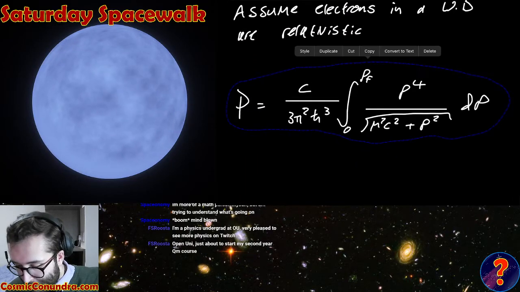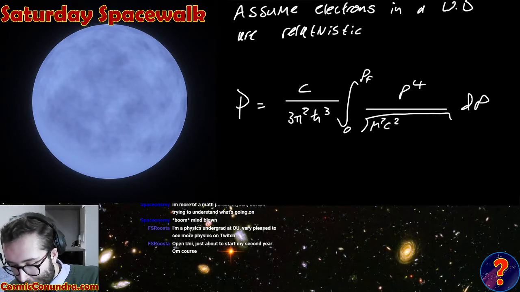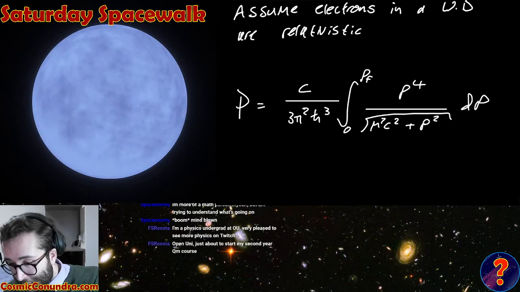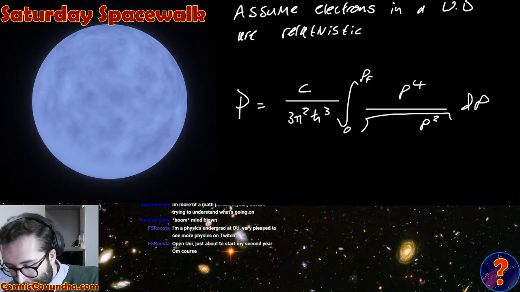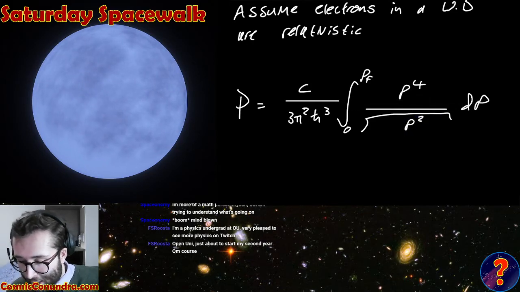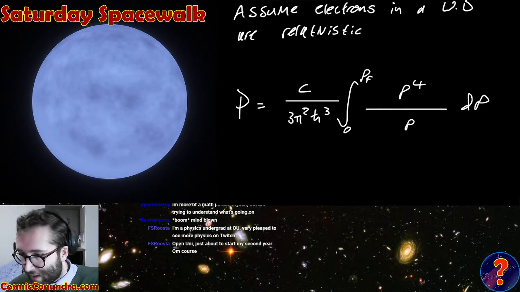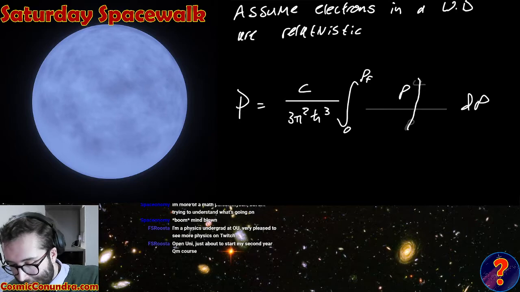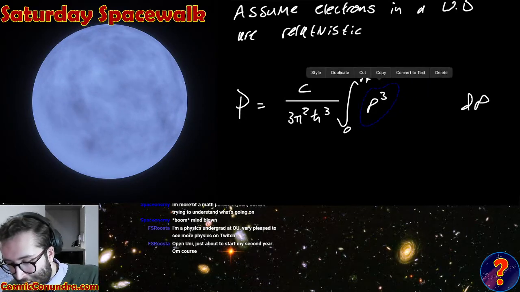That means we can pretty much drop the mc part from our denominator, and we end up with just 1 over the square root of p squared. Of course, the square and the square root cancel, so we divide p to the 4th by p, and we get an integral of p cubed.